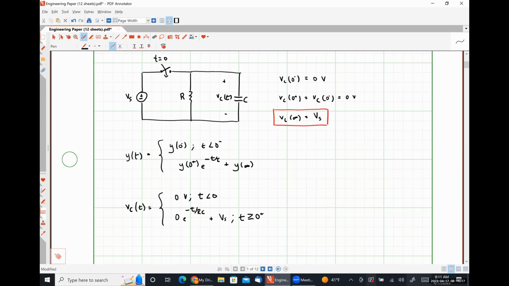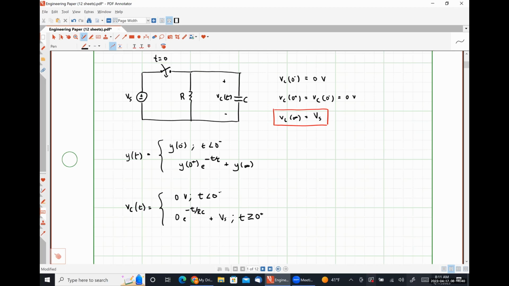So what's the problem? It's changing abruptly, right? So 0 times e to the negative t over RC is literally just 0. So we're saying effectively that our value is 0 for t less than 0 minus, and it is Vs for t greater than or equal to 0 minus.